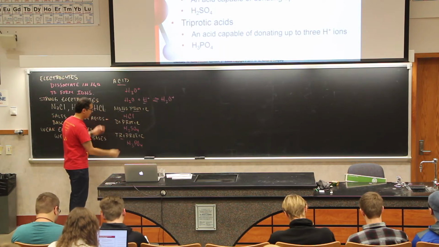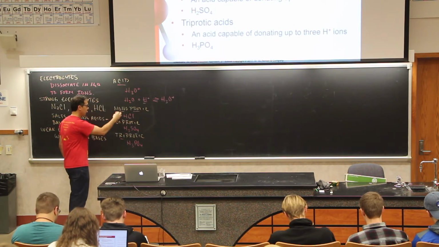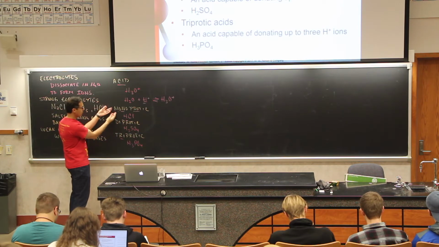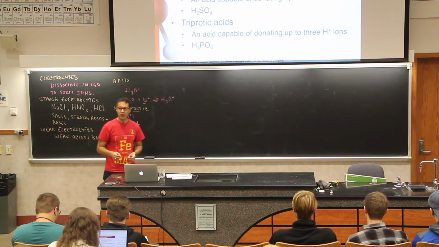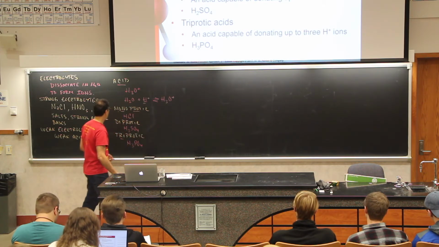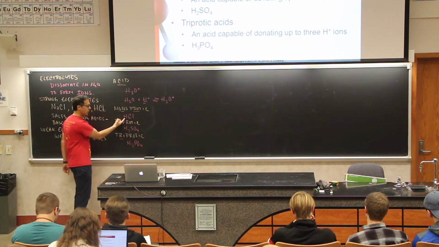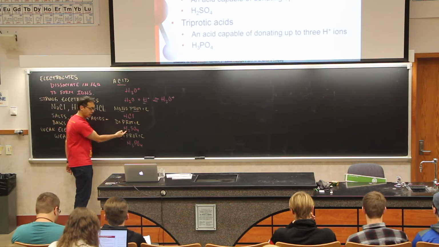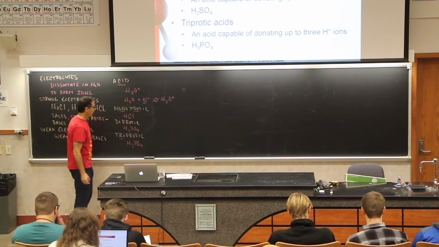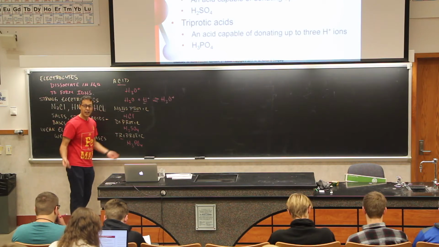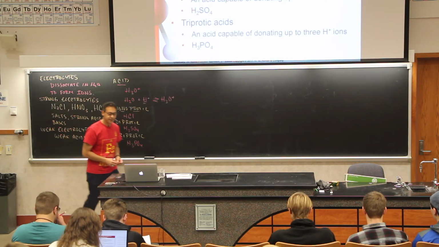It might go on beyond that, but really the most common ones are going to be monoprotic and diprotic, and it's just the number of protons. And how do we know? Well, if you look at their formulas, you see one hydrogen, two hydrogens, three hydrogens, which gives you the impression of the number of protons that it can donate.